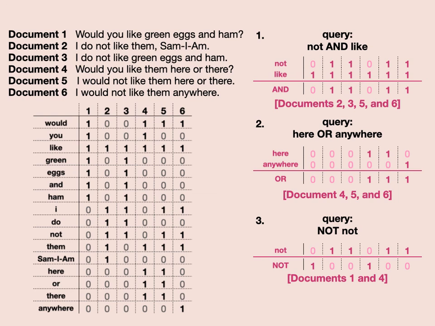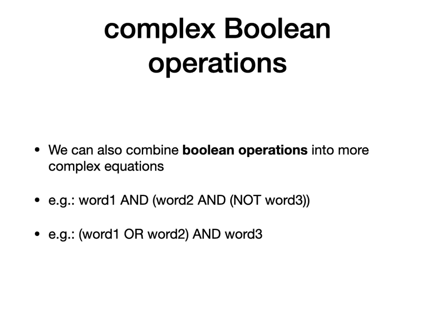So this gets us into the world of even more complex Boolean operations. We can ask more complex questions. So you might need to ask, I want one word and either of a set of other words.